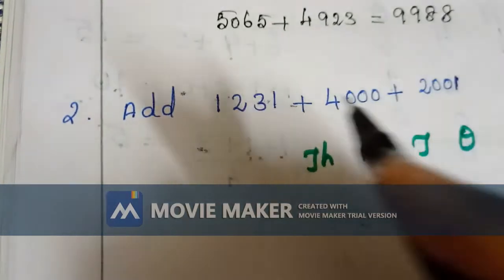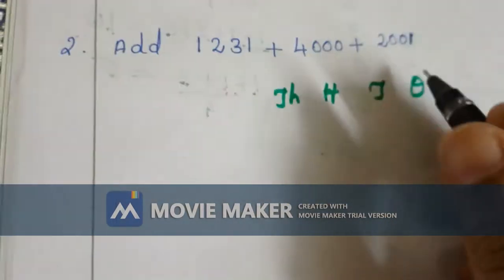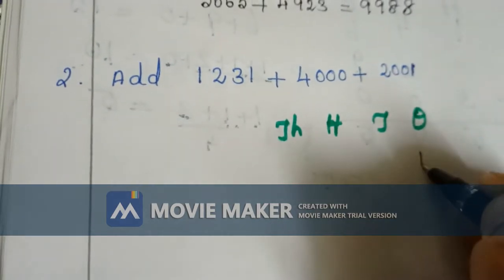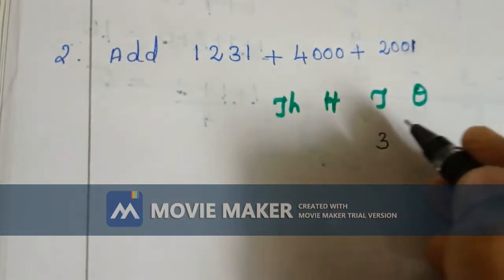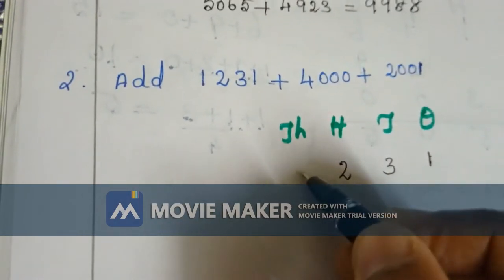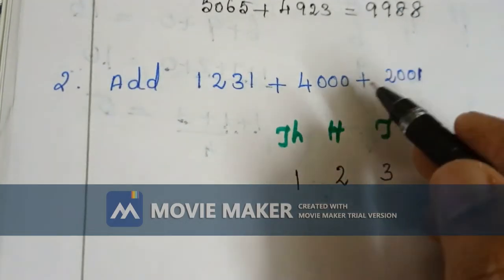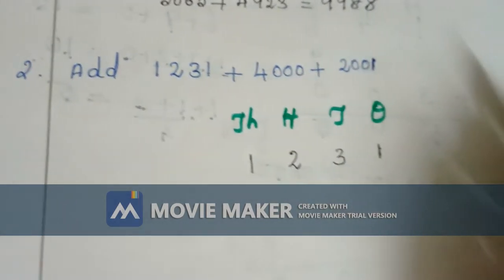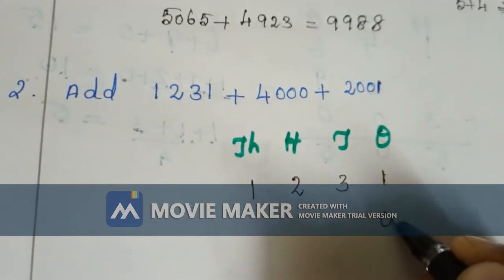For the first number 1231, how many ones are there? 1. And how many tens? 3 tens. And how many hundreds? 2 hundreds. And how many thousands? 1000. Then in 4000, how many ones are there? 0 ones.